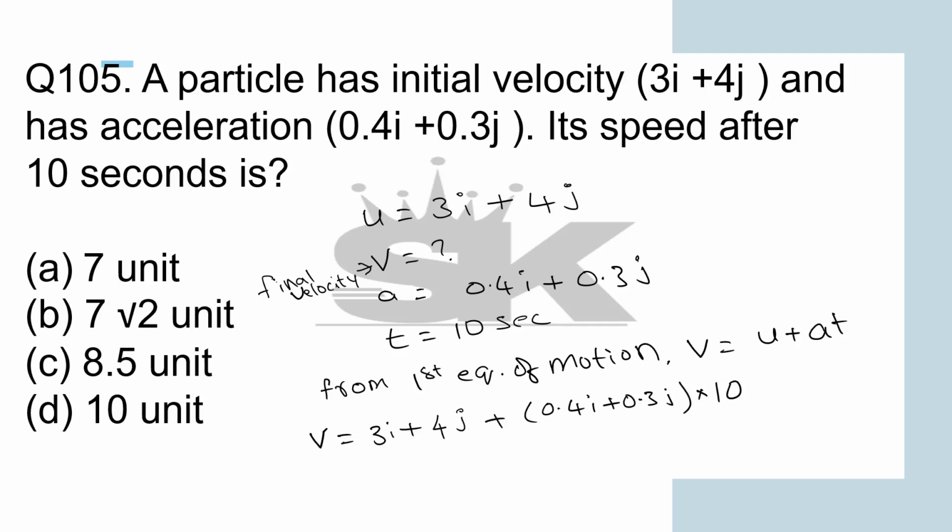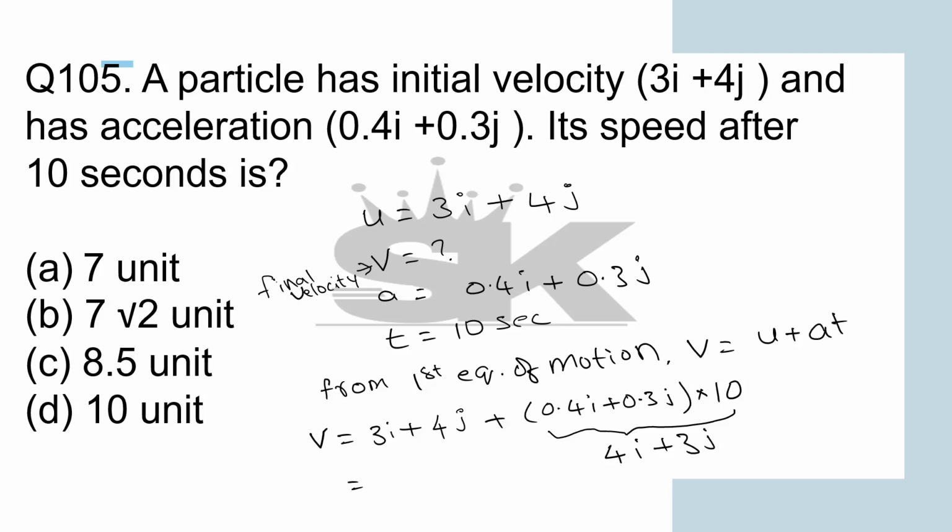If we simplify this equation, it becomes 4i plus 3j, right?